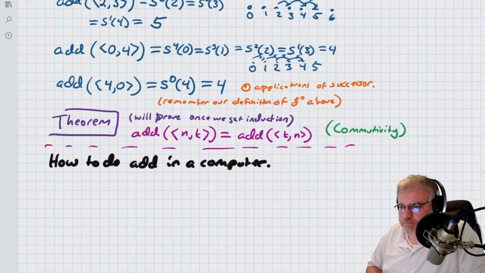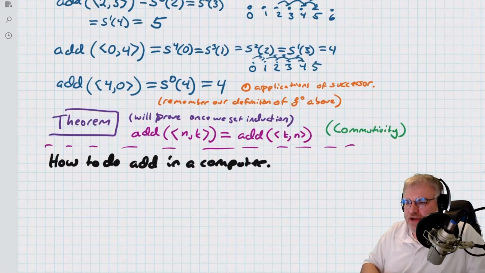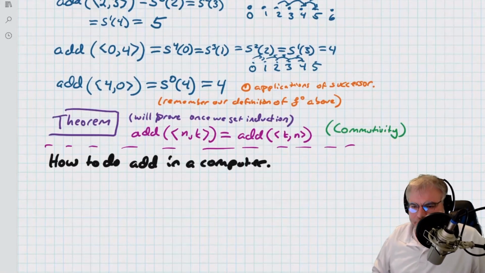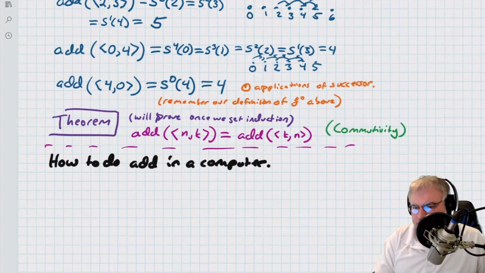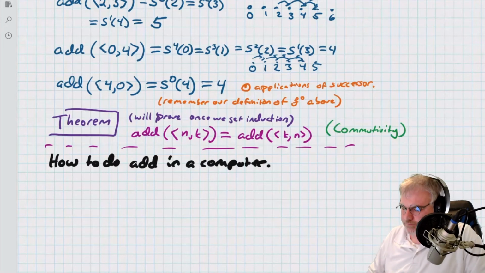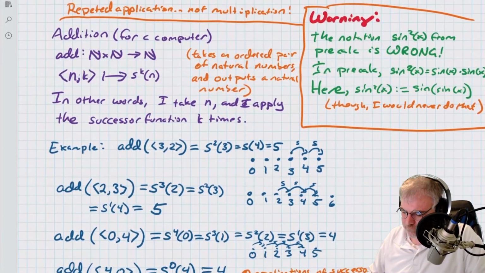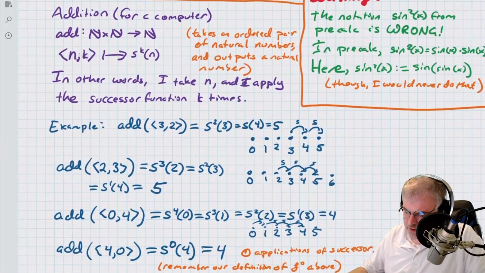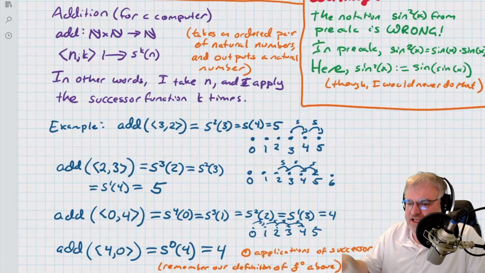Okay. All right, so 1 to 5, how do we feel about it now? I'll go back up to the top in a minute. So I'm applying the successor function k times to n.